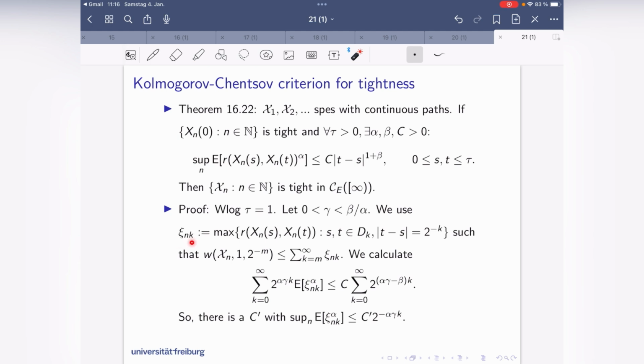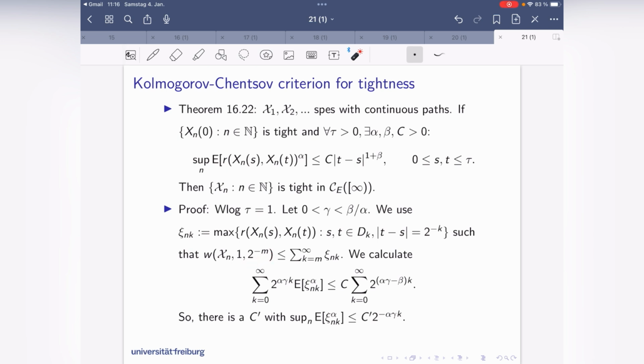I have Cnk, which is the maximal increment for times in the dyadic numbers which are 2 minus k apart. Then by continuity of all processes, I can bound W, well, that's the largest increment at 2 time points which are at most 2 minus m apart.